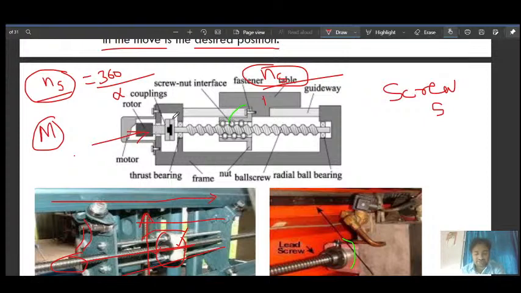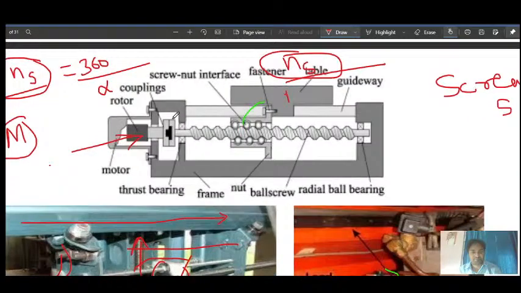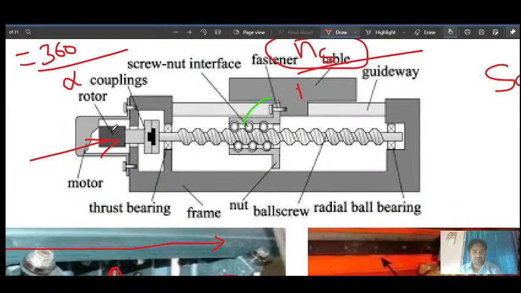So what else is here? This motor has a gear reduction mechanism, and that's why we get the lead screw speed lower than the actual motor speed.